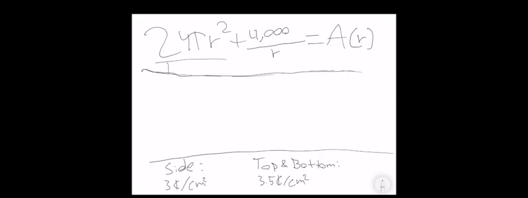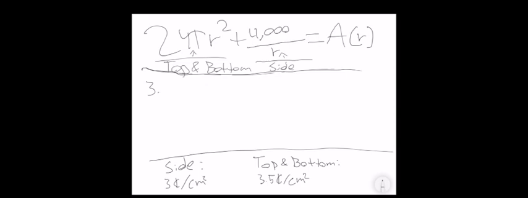Now the first part of the area function is the top and bottom, and since that is the top and bottom area, we can just multiply that by 3.5. And the other part of the area equation is the side area, so that can just be multiplied by 3.